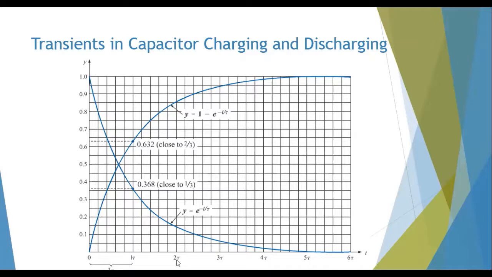When you replace your t by 2 tau, meaning 2 times that constant, you get e power minus 2, and so on. This is 3 tau, 4 tau. So in a way, we are replacing our x by minus t over tau. When you replace your t by multiples of tau, you are able to get e power minus 1, minus 2, and so on.